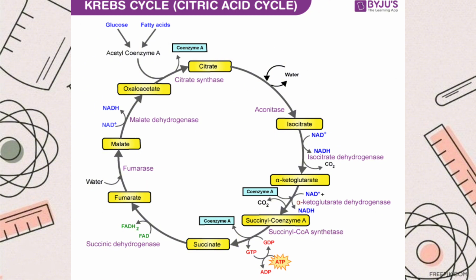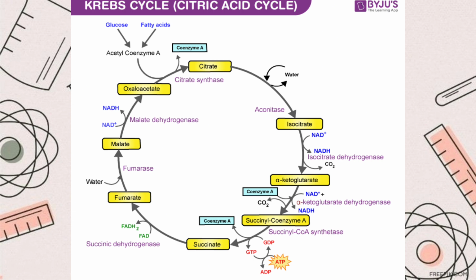For step 4, alpha-ketoglutarate is oxidized to form a 4-carbon molecule. This binds to coenzyme A, forming succinyl-CoA. A second molecule of NADH is also produced alongside the second molecule of carbon dioxide. For step 5, succinyl-CoA is then converted to succinate, and one GTP molecule is produced.